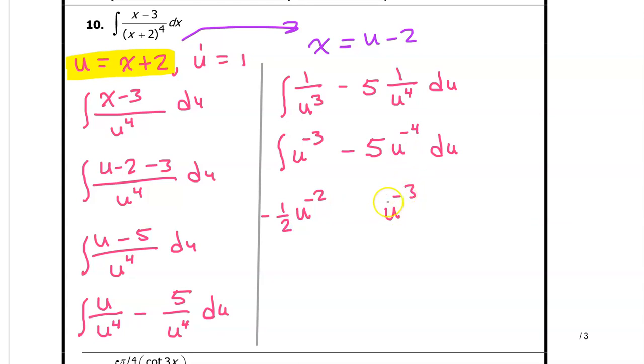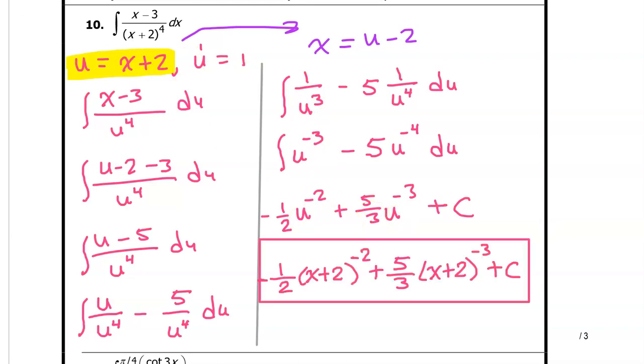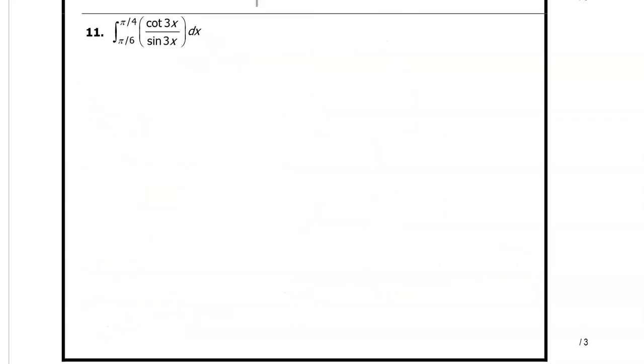Dividing by the new exponent, we will have positive 5 over 3 in the front. And let's go ahead and include the constant of integration. Don't forget the plus c. Putting x plus 2 back in for u, this is the final answer for number 10.